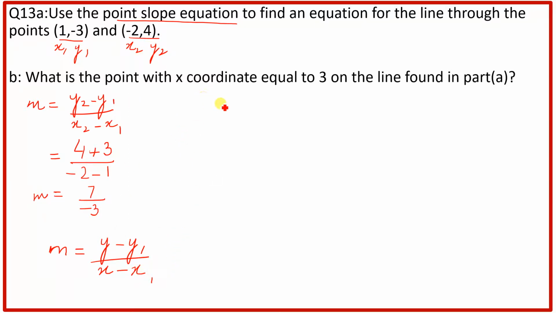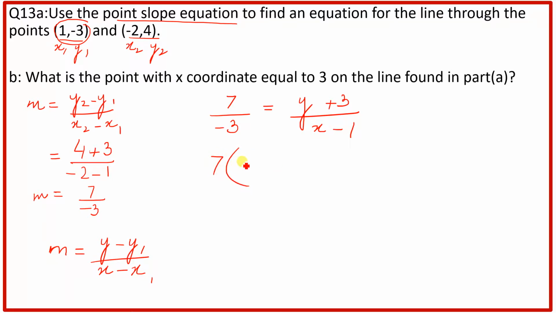Now we know our slope, so instead of m we will write 7 over -3, which is equal to y plus 3 over x minus 1, because this negative will be positive.